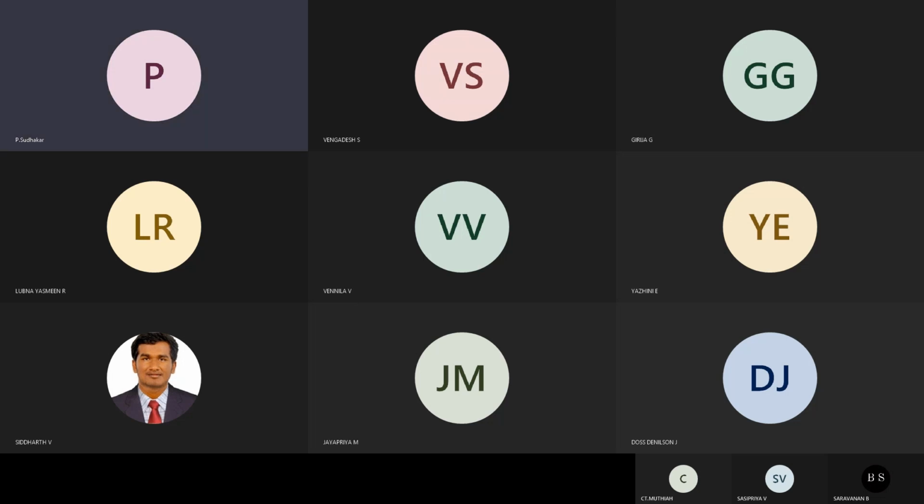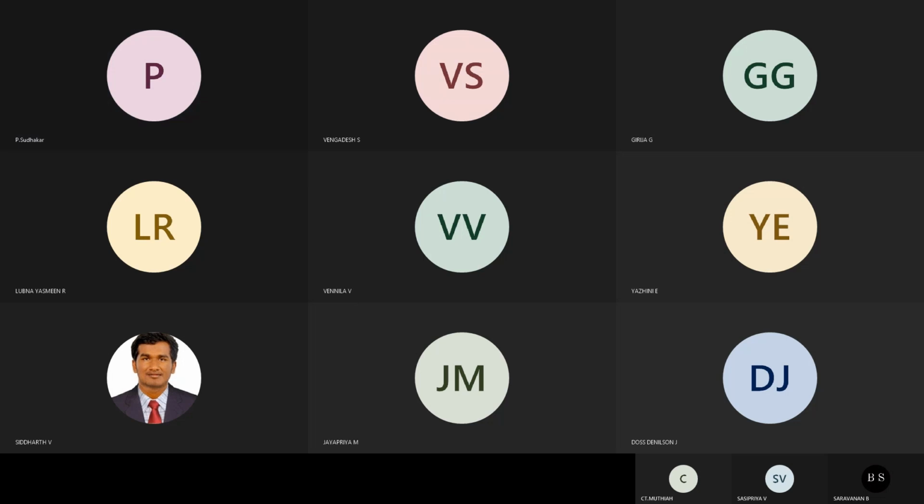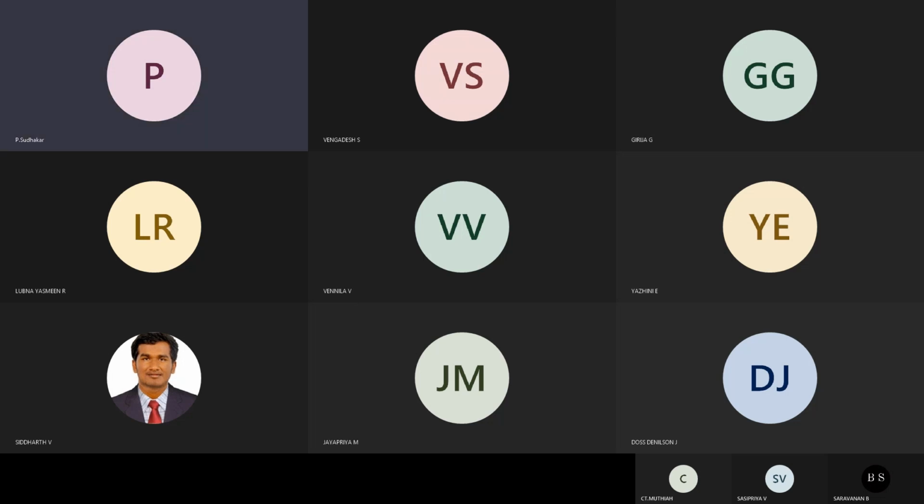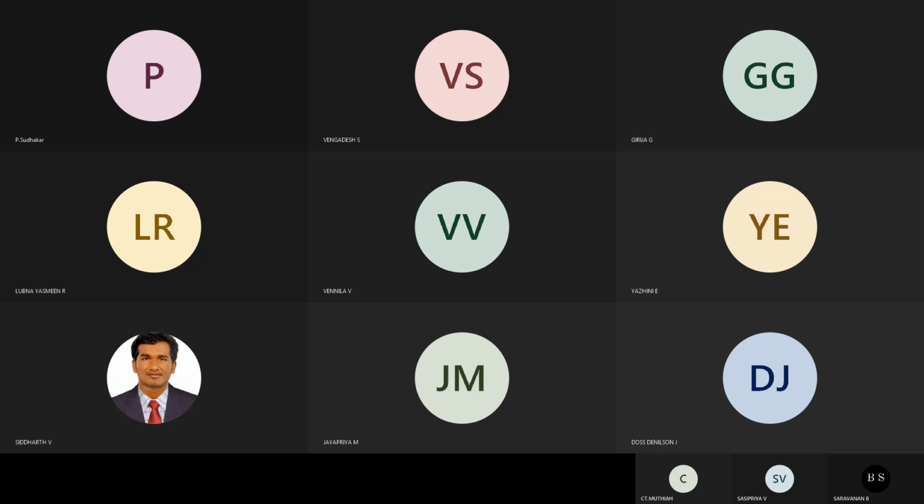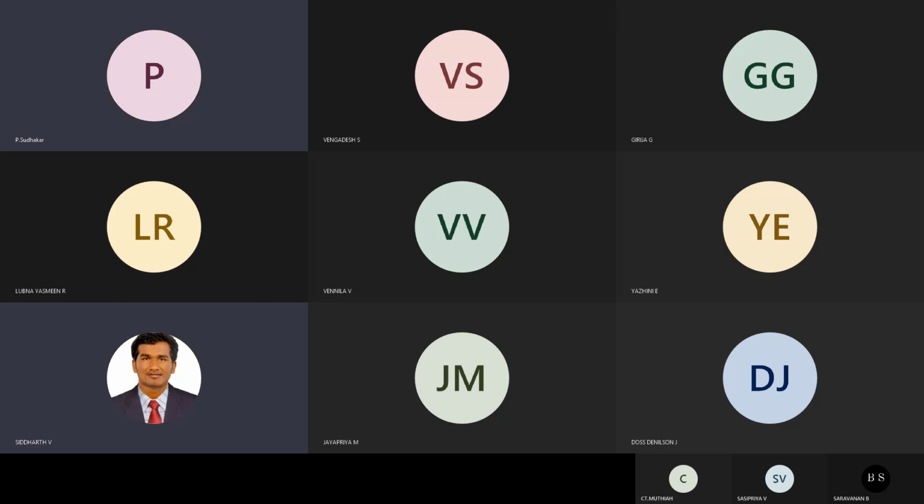So 1 by 0.88 plus 1 by 0.95 minus 1, and the whole inverse. What will be the effective emissivity? 0.841. Correct, 0.84.